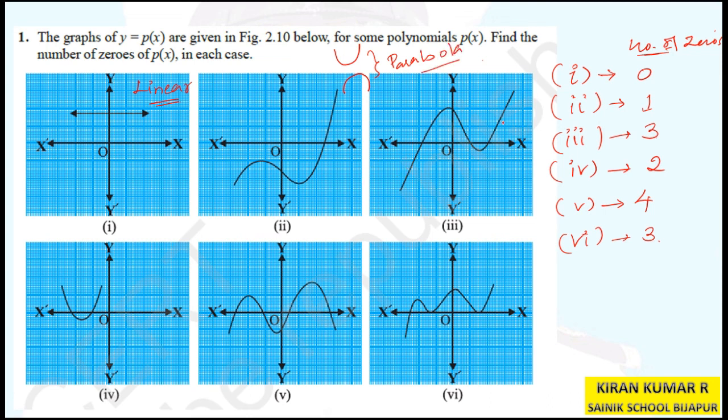This is some polynomial, a cubic polynomial. We have got 3 zeros. In this case, the fourth figure, we have a parabola. This is for a quadratic polynomial. This fourth figure is a quadratic polynomial.